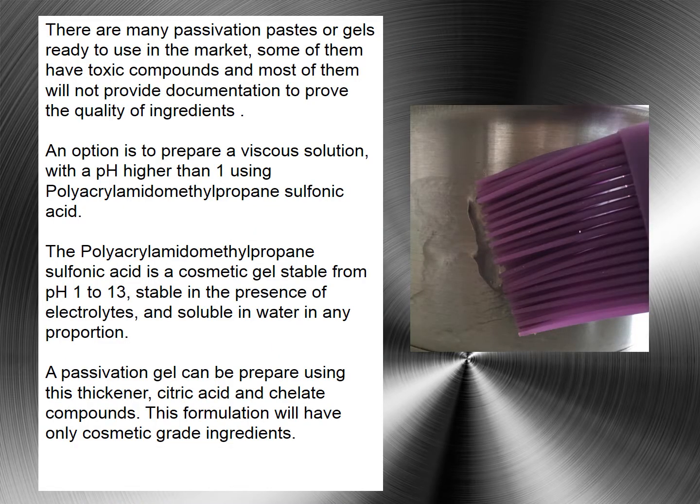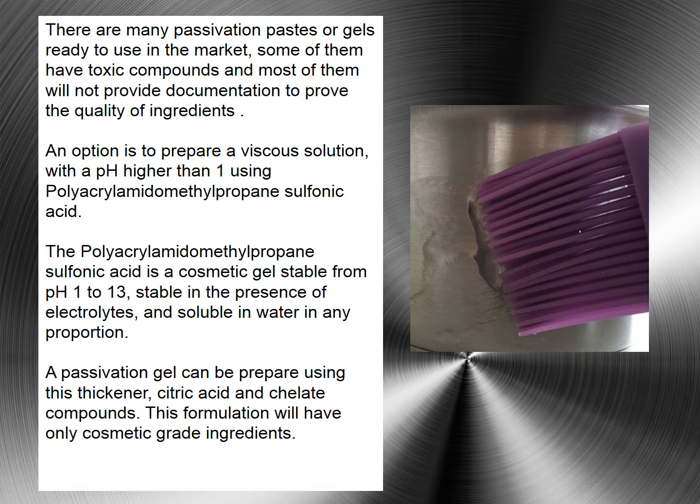There are many passivation pastes and gels ready to use in the market. Some of them have toxic compounds, and most of them will not provide documentation to prove the quality of the ingredients. An option is to prepare a viscous solution with a pH higher than 1 using polyacrylamidomethylpropane sulfonic acid.